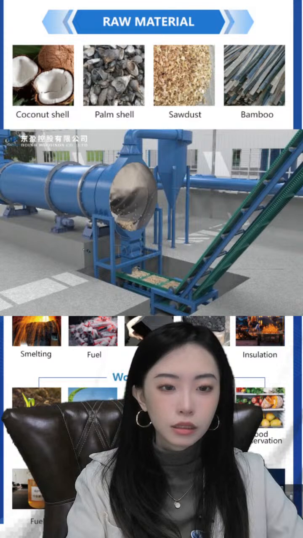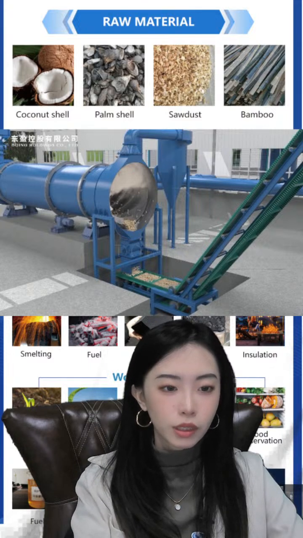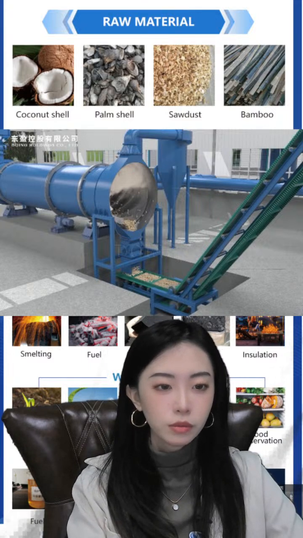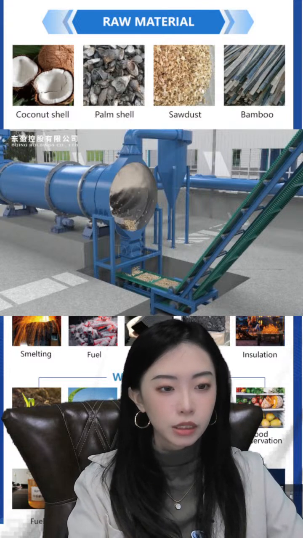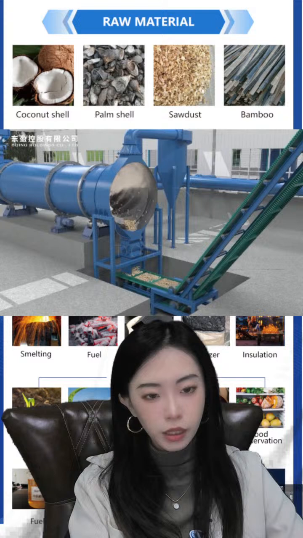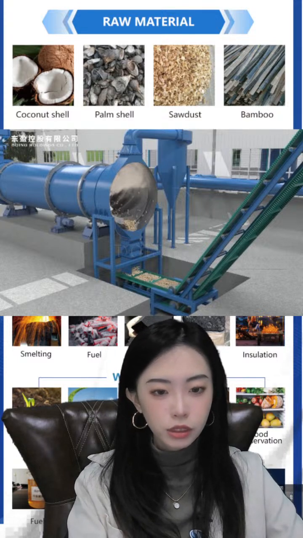And this is the drying machine. You can see inside, the material is drawn in by airflow blowing the materials inwards. The temperature of this equipment is about 300 degrees.